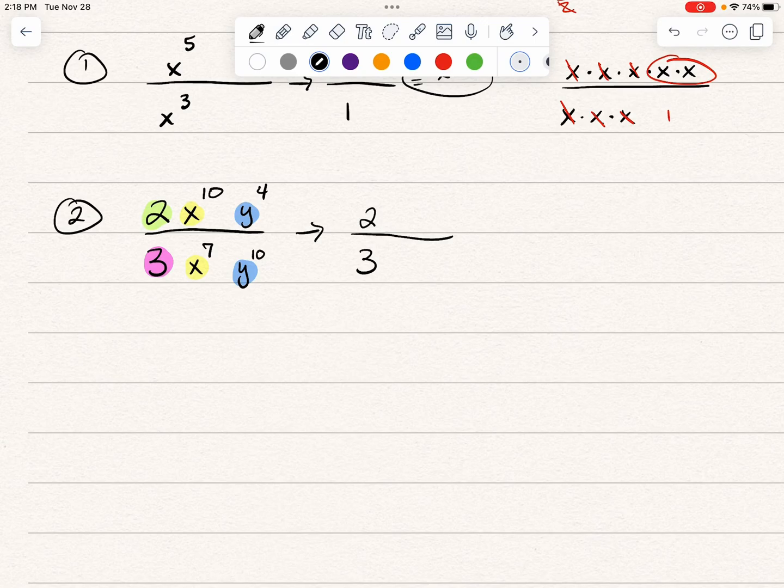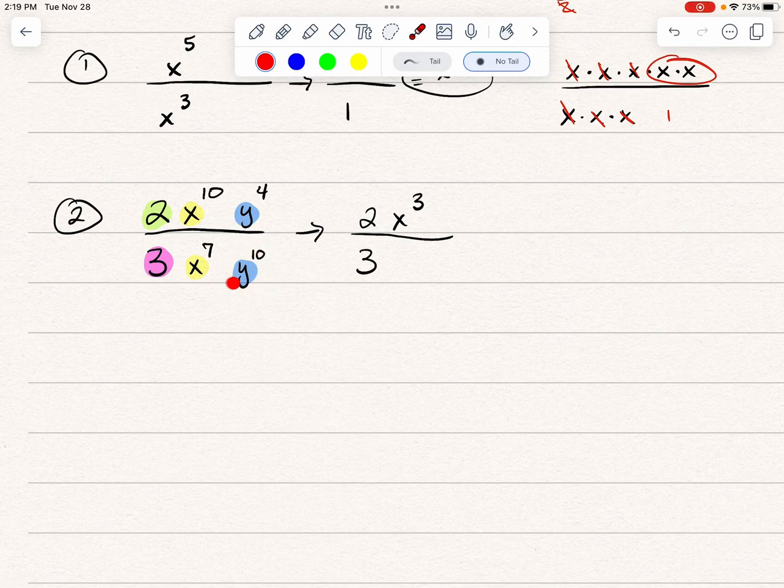But now I can move on to this yellow highlighter base right here, these x's. I can look at 10 minus 7. I'm going to have x to the third left in the top, or the numerator, of this fraction. For the y's, I always start with either the numerator or the denominator, the top or the bottom, whichever has more.